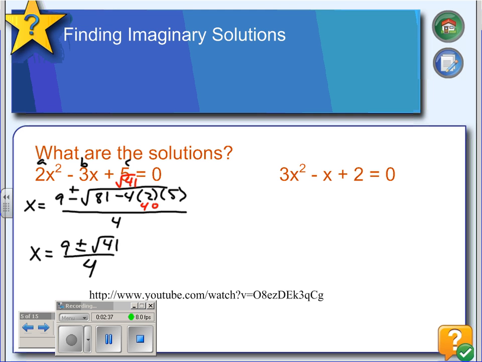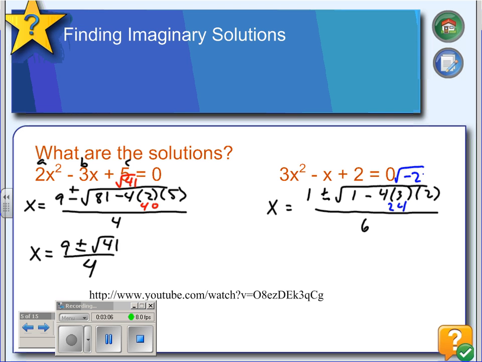On our second example here, x equals negative b, so we get 1, plus or minus the square root of 1 squared is 1, minus 4 times 3 times 2, divided by 2 times a, which will give us 6. 4 times 3 times 2 is going to be 24. 1 minus 24 is negative 23.